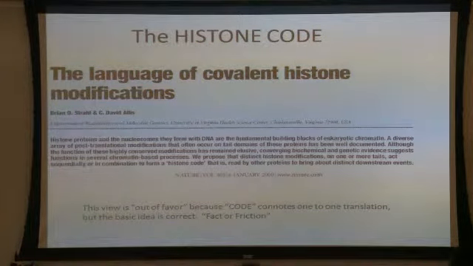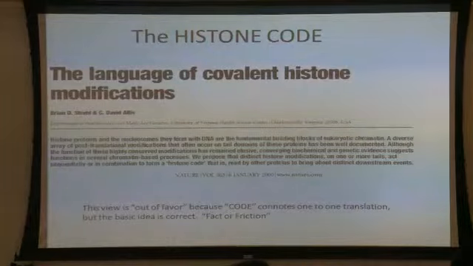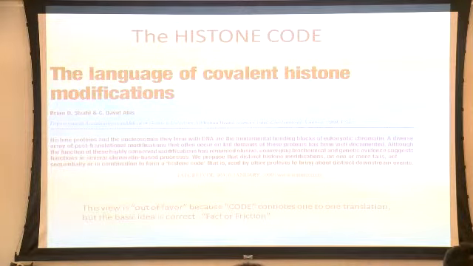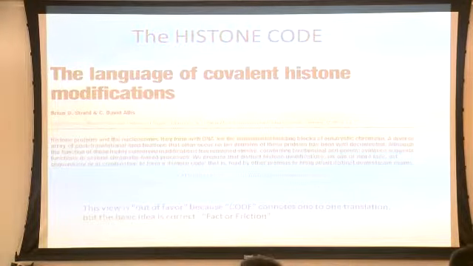So, for example, methylation of histone H3 at lysine 4 is associated with the initiation of gene expression at transcription start sites, etc. Methylation of histone H3 at lysine 36 is associated with transcription.